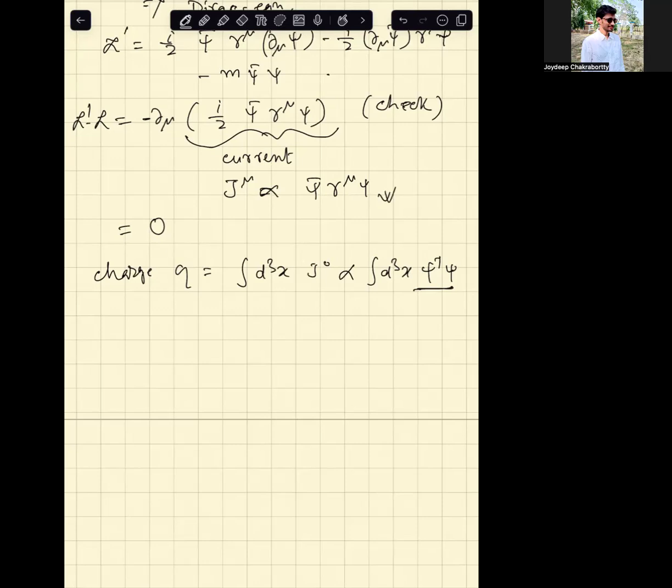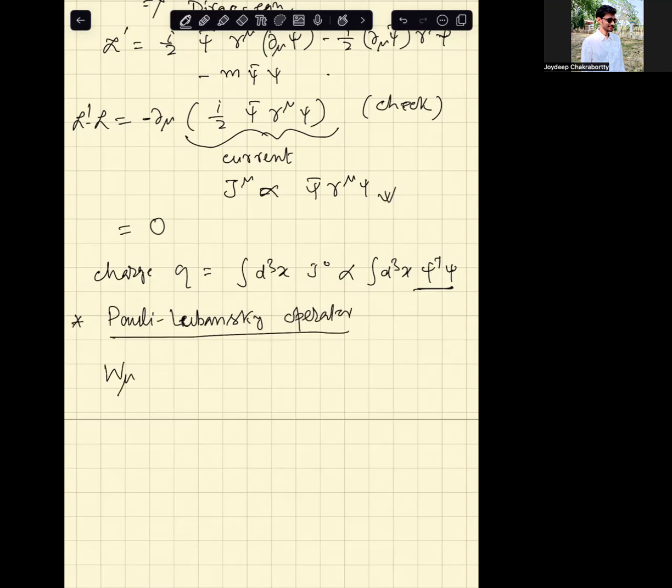Any other question? Okay, another point I will mention here, but we'll talk about it in detail later: the notion of spin, where is it coming from? There is something called the Pauli-Lubanski operator.